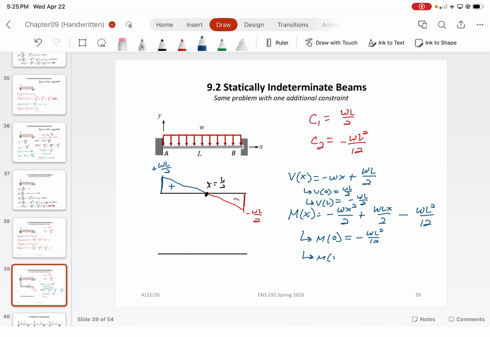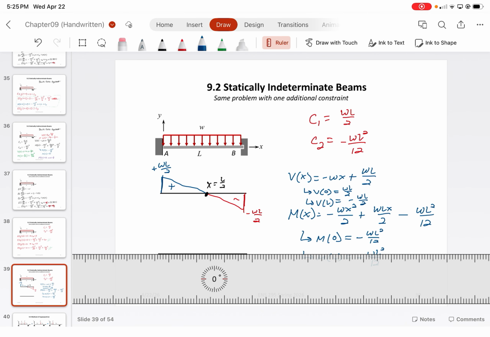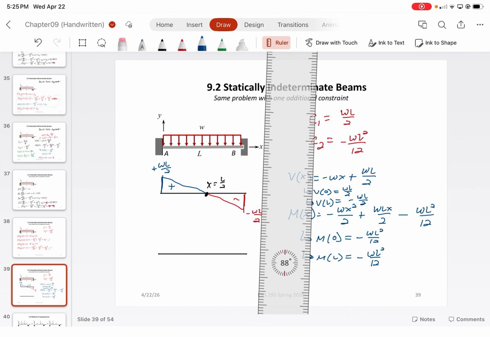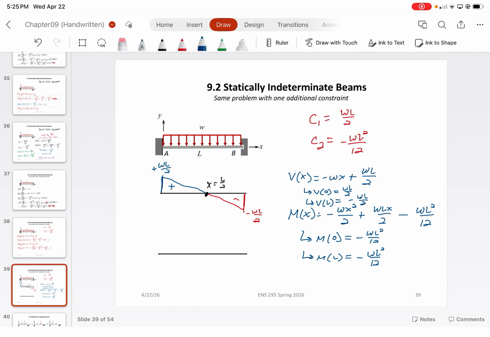Because it's symmetric, if you plug in m of x equals L, it should equal negative wL squared over 12 as well. So it will be symmetric. So that tells us that the bending moments at these locations here are negative here and then negative here.